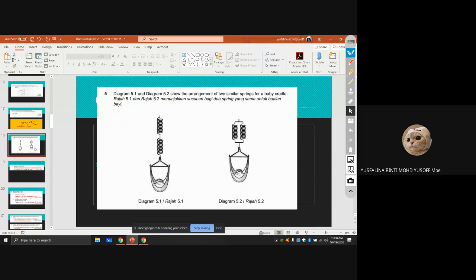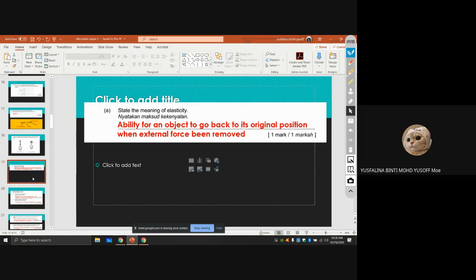Okay, number 5. Diagram 5.1 and 5.2 show the arrangement of two similar springs for a baby cradle. The first question is to state the meaning of elasticity.